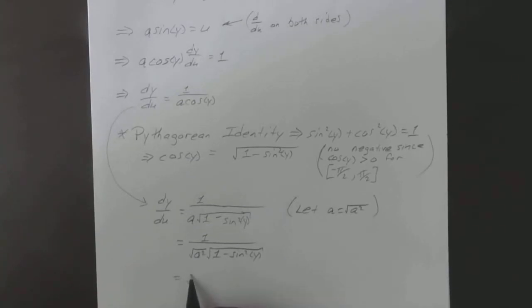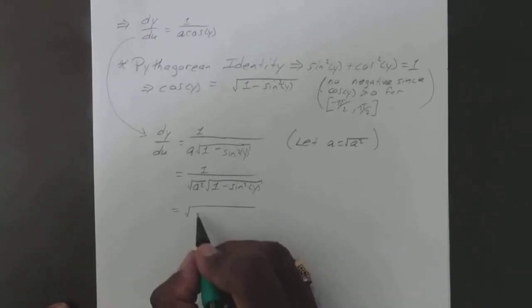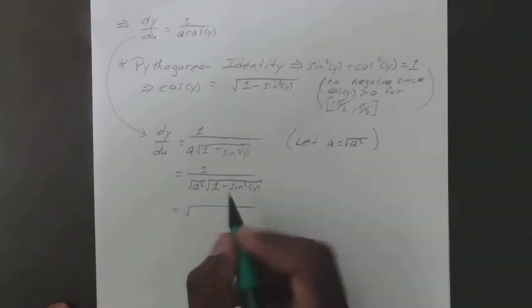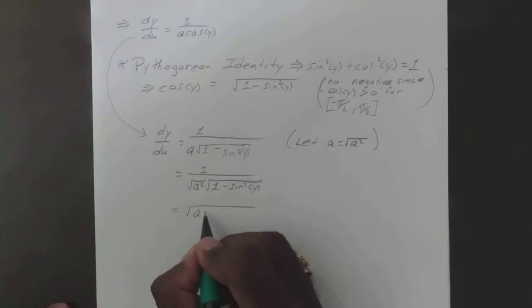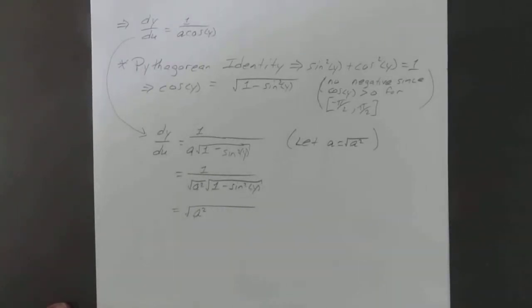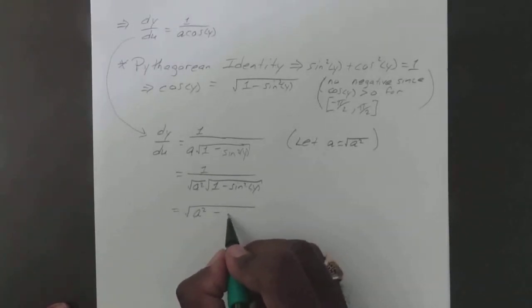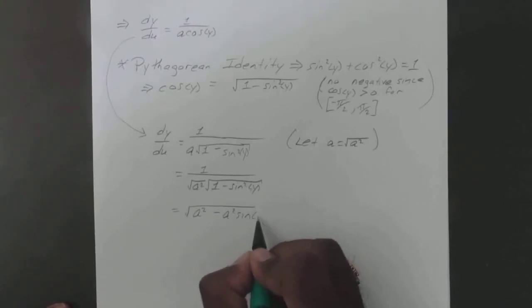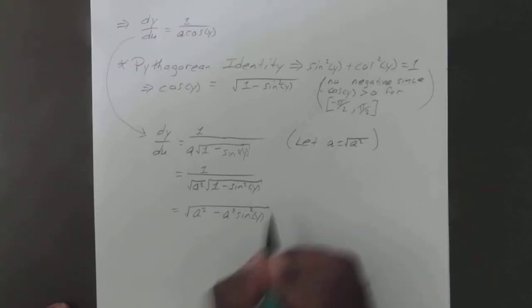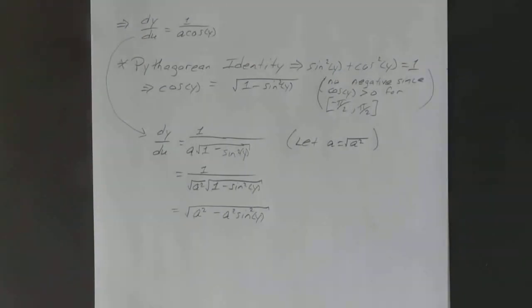So that means you can multiply that square root of a times each one of those terms. Okay, so you have square root of a squared times 1, which is just square root of a squared, minus a squared sine of y squared.